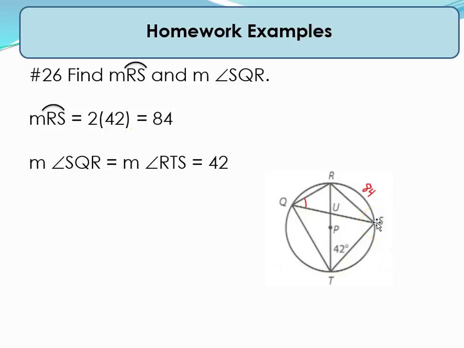And angle SQR intercepts the arc 84, so that angle will be 1/2 of the arc RS, so that will be 42 degrees. And your text wanted you to know that it's also equal to angle RTS, because that intercepts the arc 84. So there's, once again, more than one way to do this.